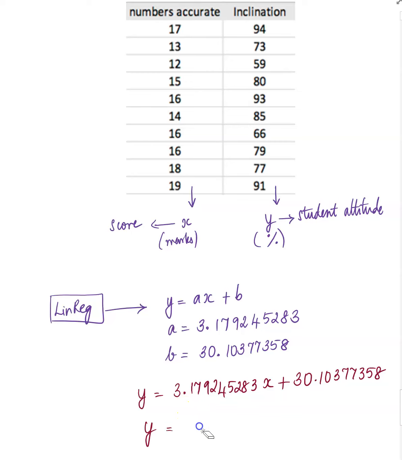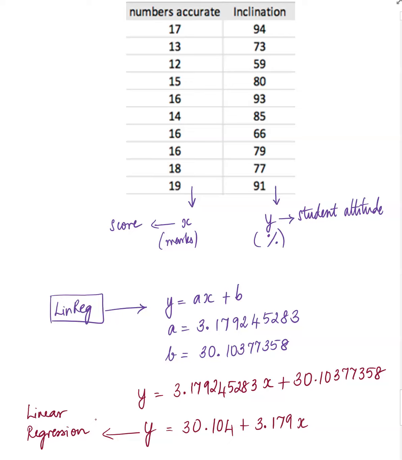So do not be confused with all of that. Just see what format it is in. So they could round it like 30.104 plus 3.179X. They could do that. And this is your linear regression equation. That's the LinReg. This is your linear regression.